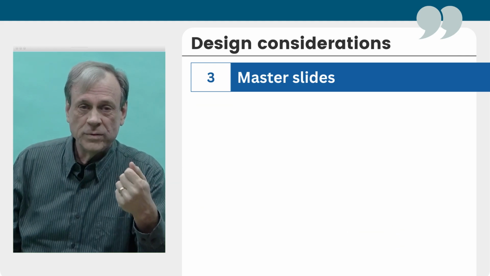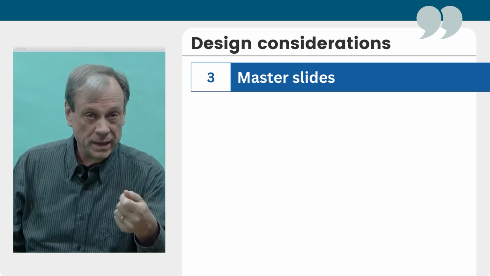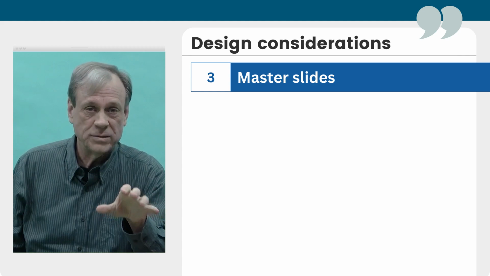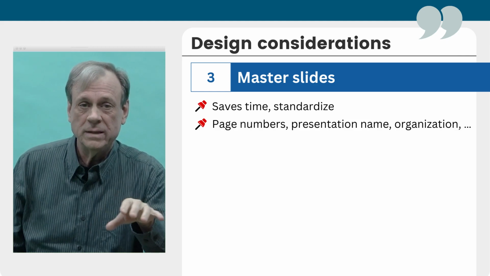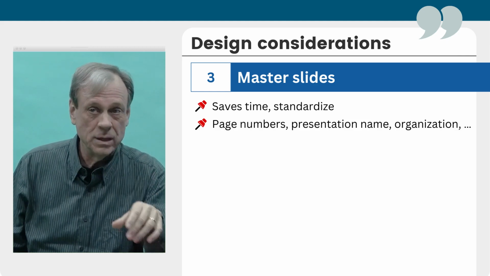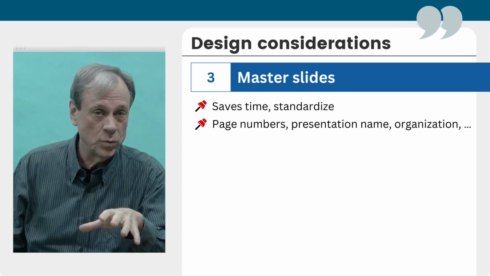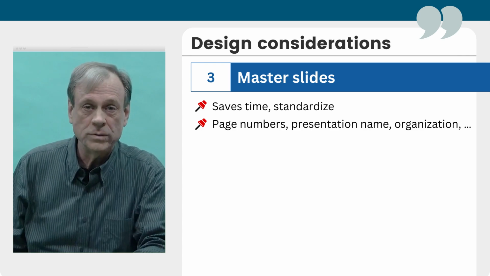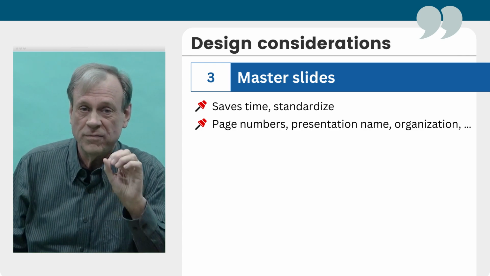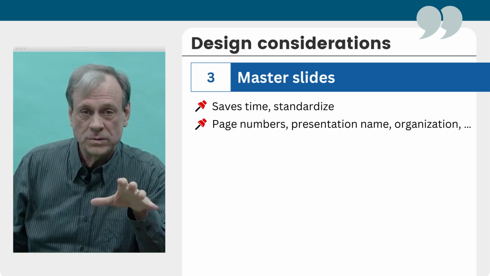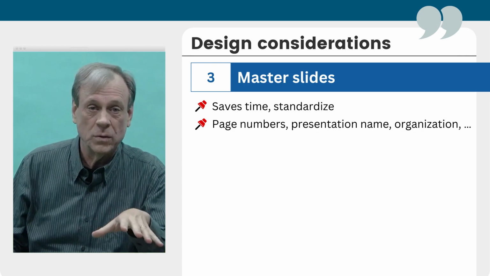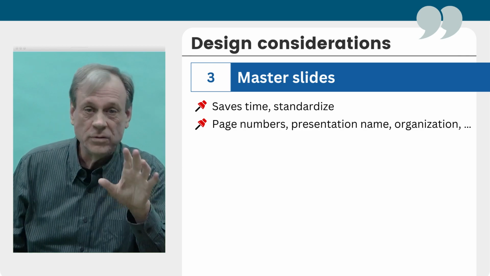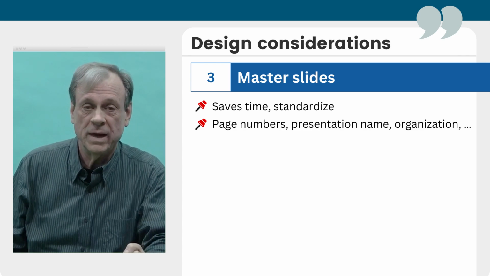Now, one very simple thing that you can do to standardize your slides that a lot of people don't know about is called master slides. Master slides allow you to set the page numbers, the presentation name, the organization, whatever information you want on all your slides, set the font, etc., so that it's all consistent across all of your slides. Now, where do you find this? It differs in Windows versus the Mac format.